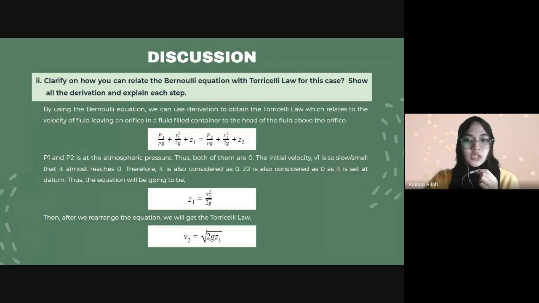The initial velocity V1 is so small that it almost reaches zero, therefore it is also considered as zero. Z2 is also considered as zero as it is set at datum. Thus the equation becomes Z1 equals V2 squared divided by 2g. Then after we rearrange the equation, we get Torricelli's law, which is V2 equals the square root of 2gZ1.